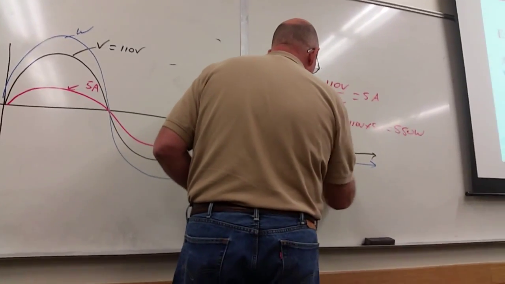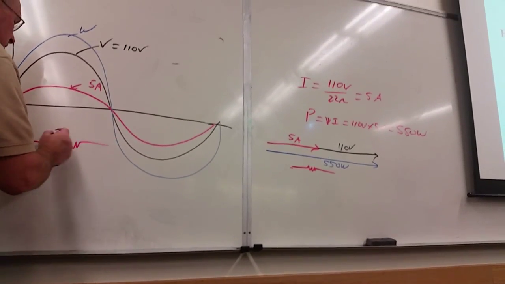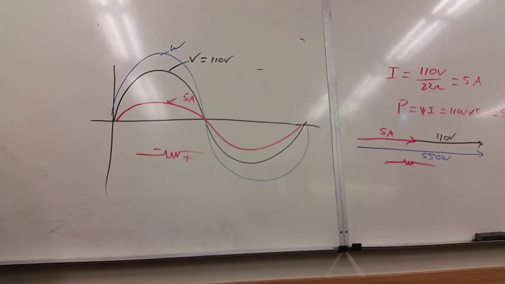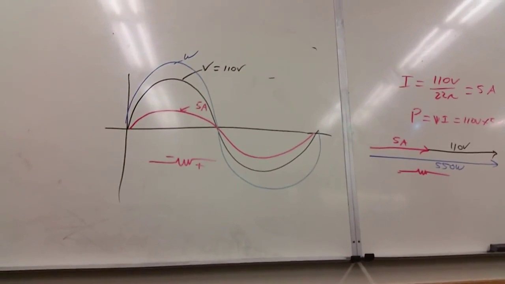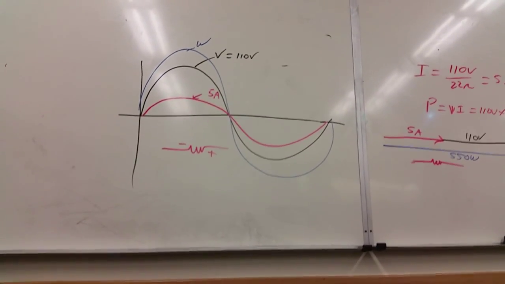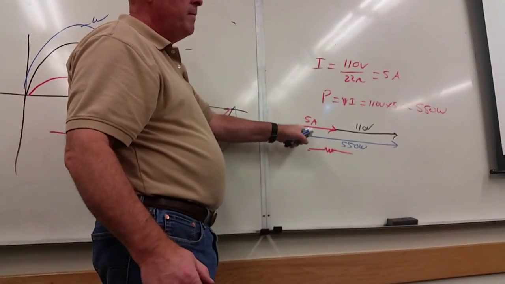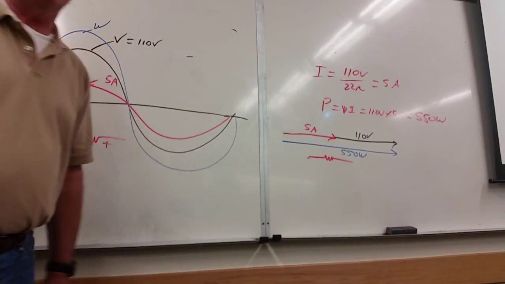So this represents what happens in this resistor. The resistor is just a device we put current and voltage through. And that's a phasor diagram. That's a phasor.